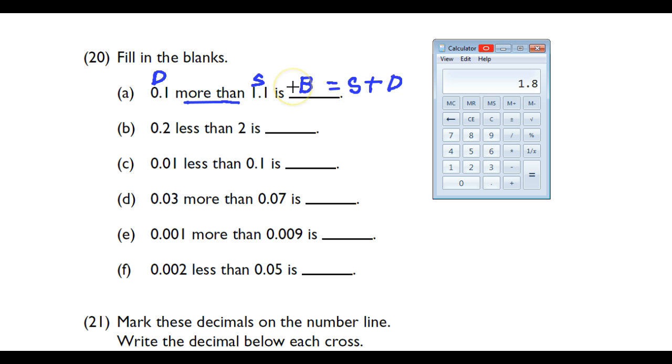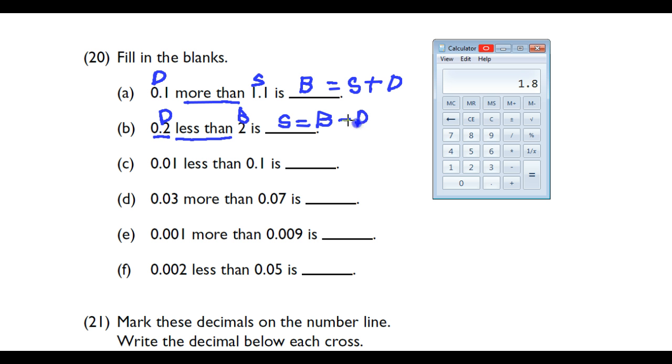Calculate on your own. Let's confirm with this one. Something less than a big number, right? And this must be the small number. 0.2 is the difference. So the small number is always the big number takes away the difference.